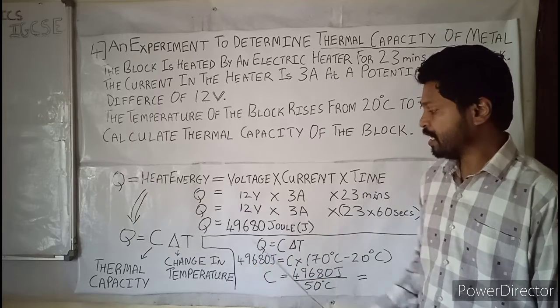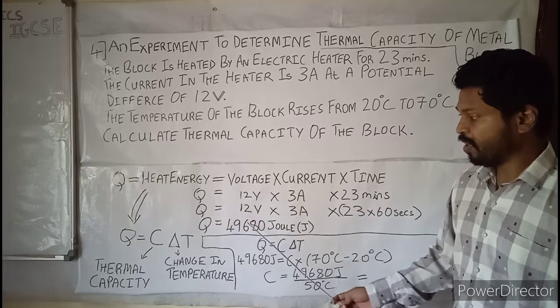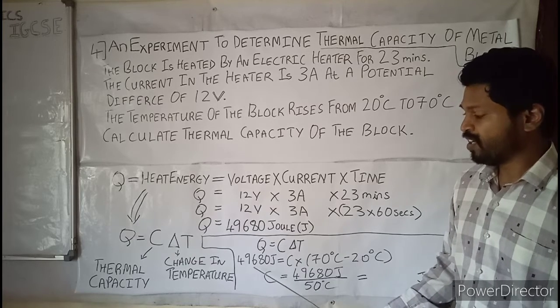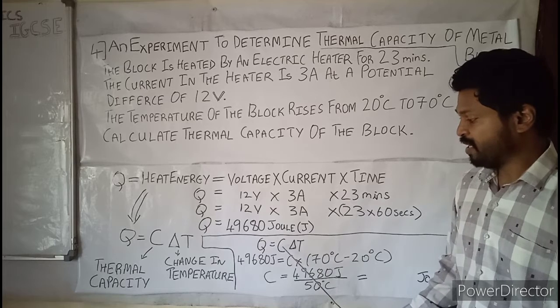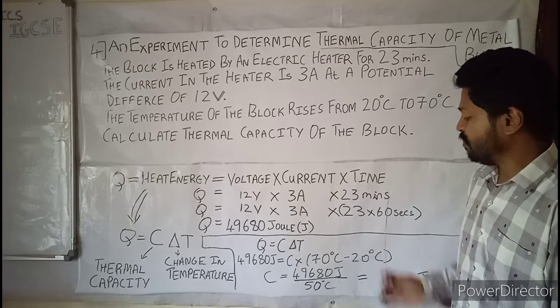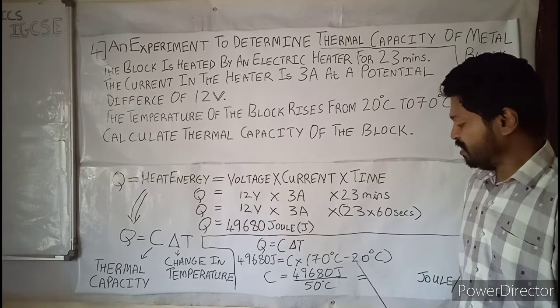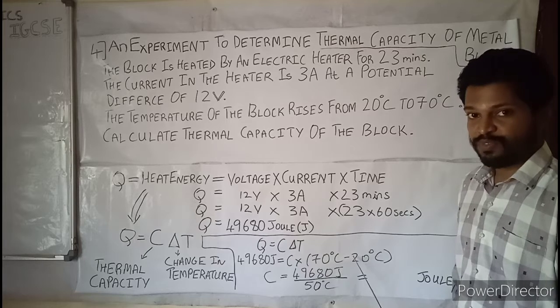Substitute the value of Q from above: 49,680 joules is equal to capital C multiplied by the temperature change. The temperature change is 70 minus 20 degrees Celsius, and you will get this answer as 50.